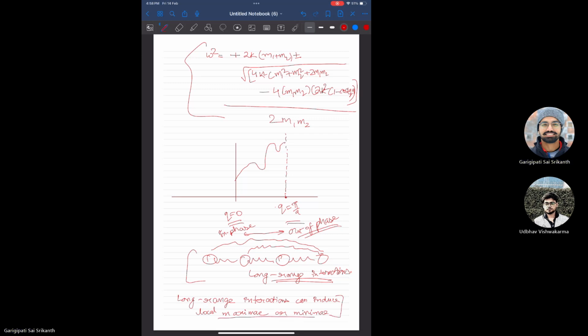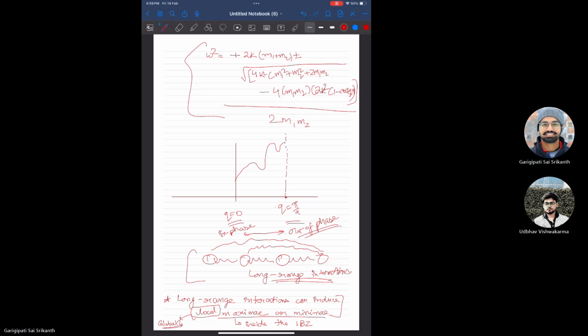But this is inside the irreducible Brillouin zone. It could also be global. We don't know, so we have to verify that for each system.